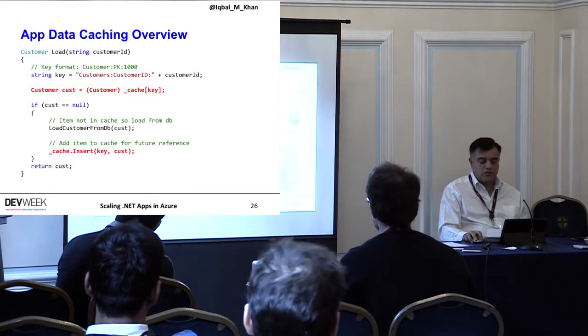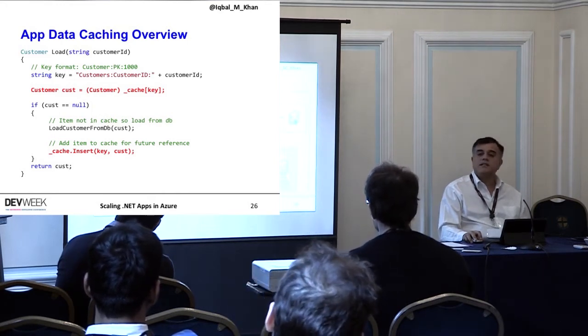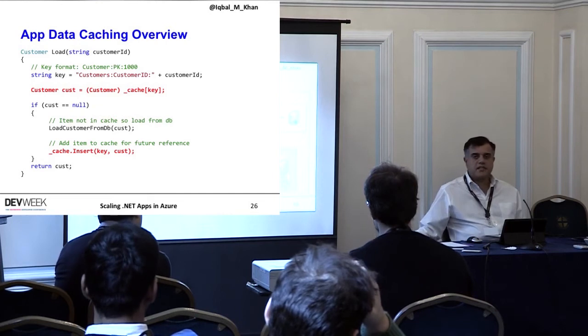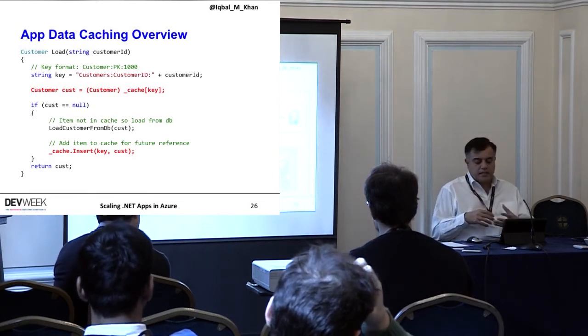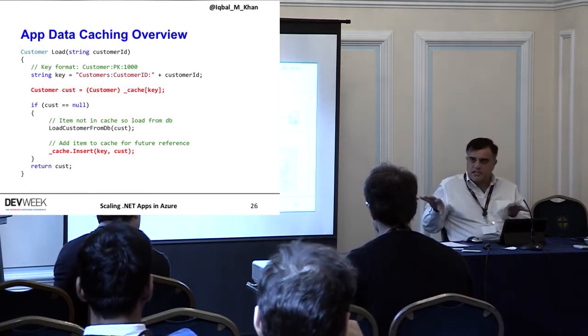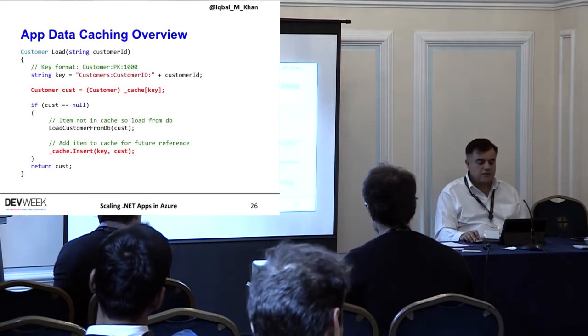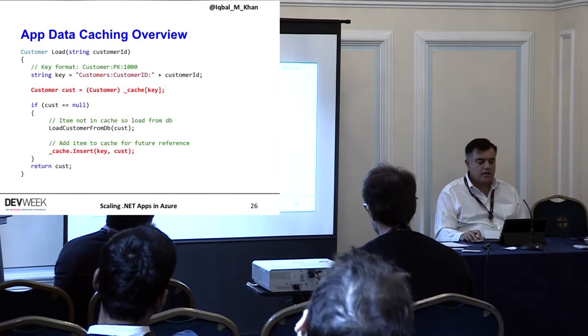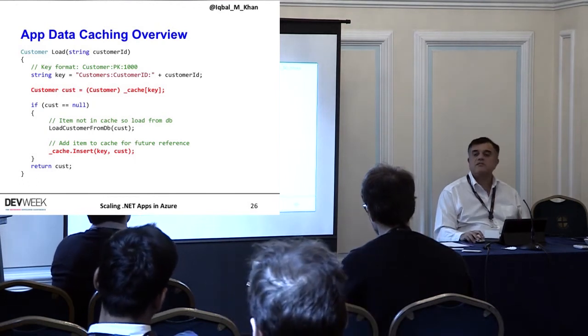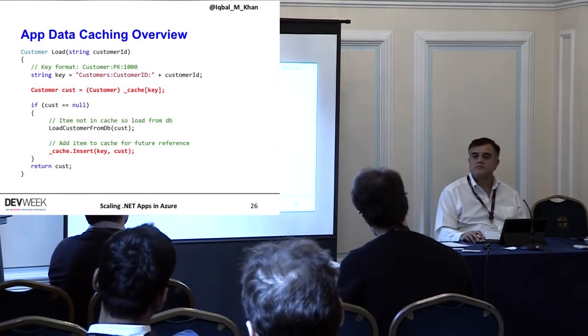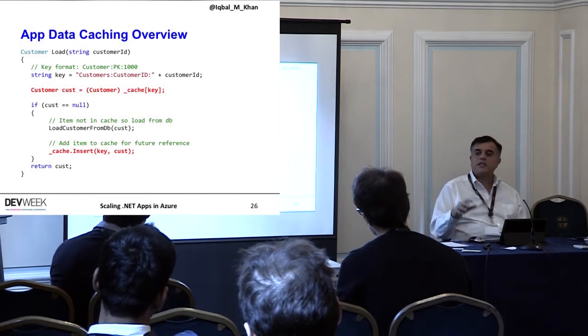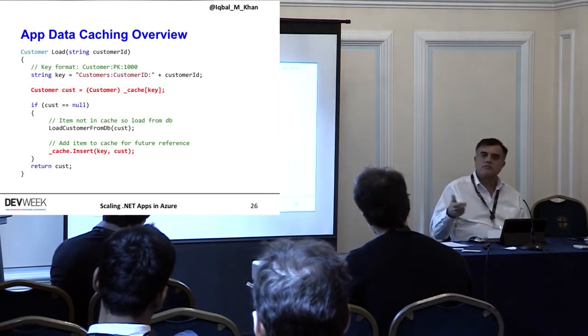The cache calls your read-through handler, and the read-through handler goes to your database, gets the customer, then gives it back to the cache. The cache puts it in the cache and then gives it back to the client. So from a developer's perspective, this call never returns null unless the database doesn't have it either. So that's when you would have the server-side code.